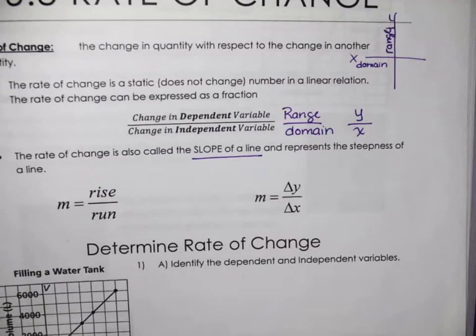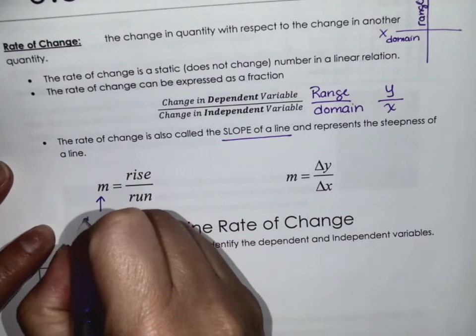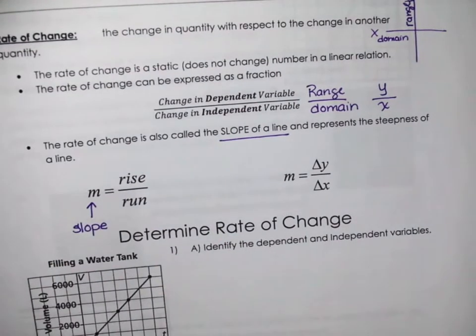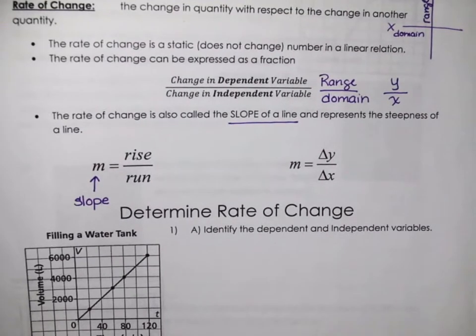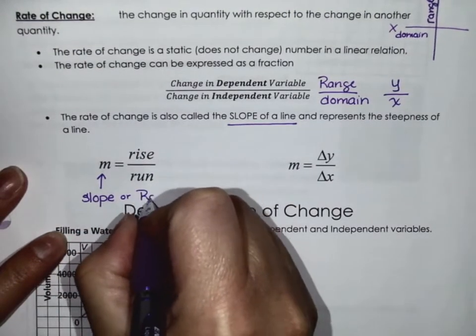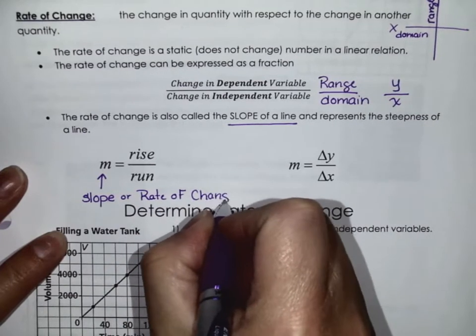So we're going to make this a little bit fancier. Okay. So ladies and gentlemen, M is the letter used to represent slope. I do not know why it's the letter M. Lots of people have asked me, and I still don't know why. So the letter M represents slope or rate of change.